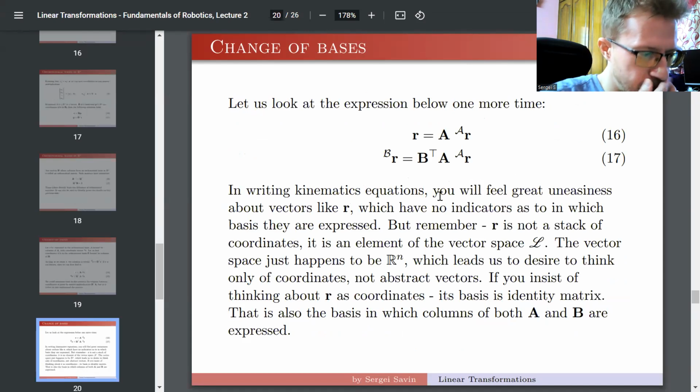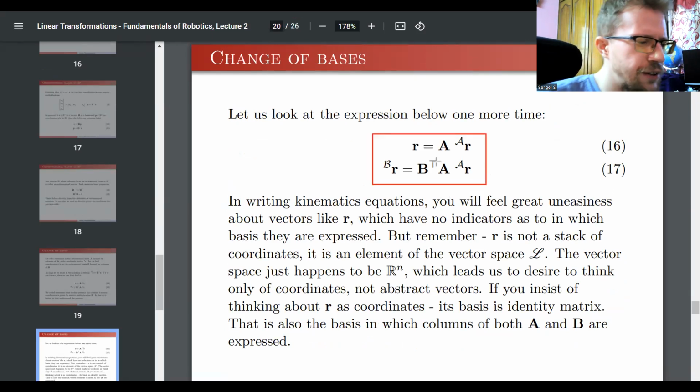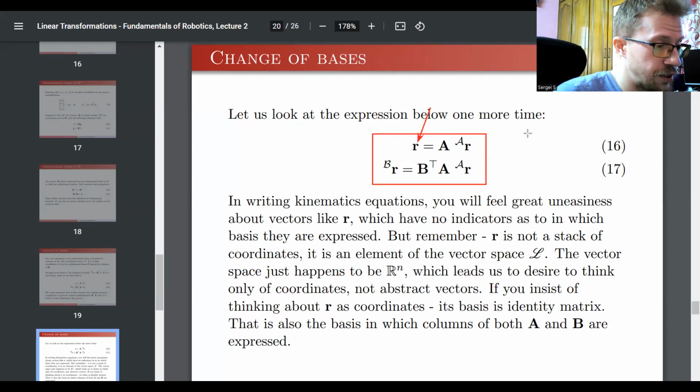Now, let us just look at it for a second. When you are going to write kinematics in robotics, you will feel like you always need to explain in which coordinates any vector lies. And here you have a vector which does not have coordinates.